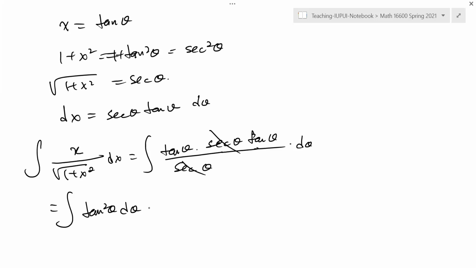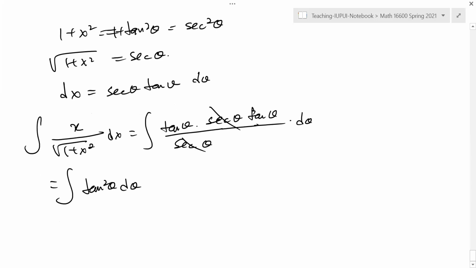Yeah, that's a possibility. Remember the integral of sine square theta, the integral of sine cosine square. And we use a double angle formula, tangent 2 theta. No, I think it's just much harder.